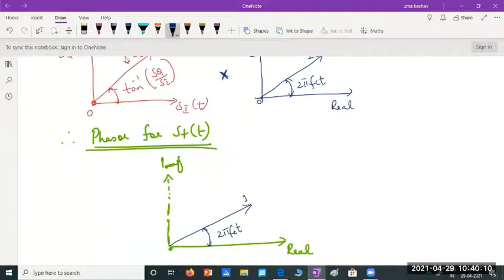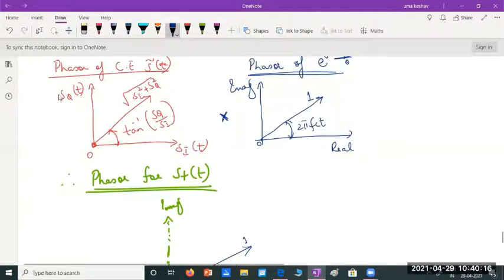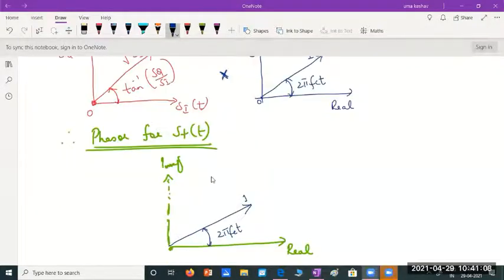Now I'll overlap this complex envelope phasor onto this. So I just have to overlap the first phasor which we drew over this phasor. So I'll consider this as the real axis now.